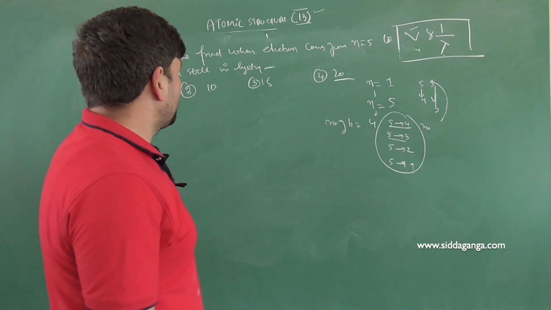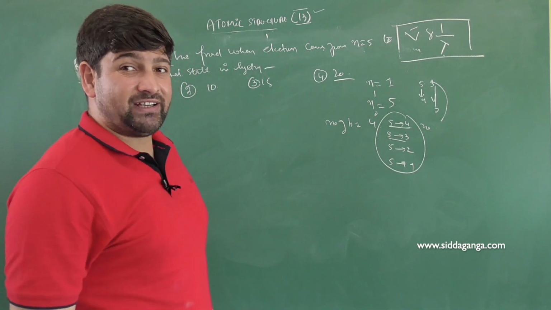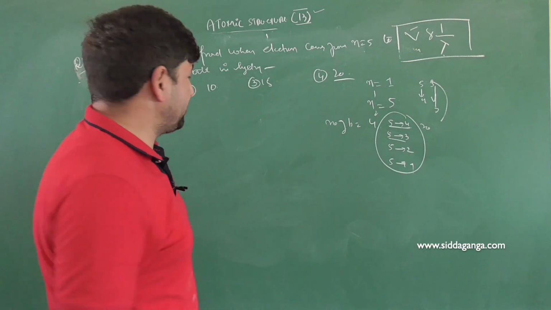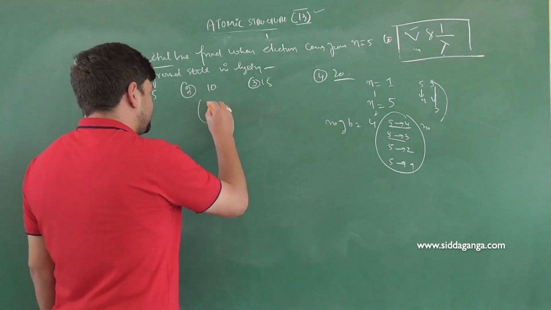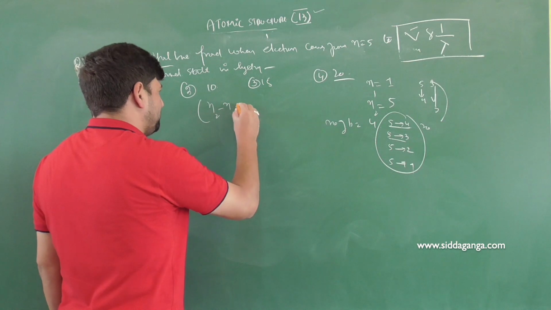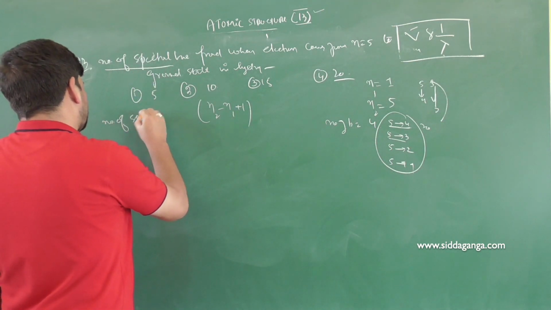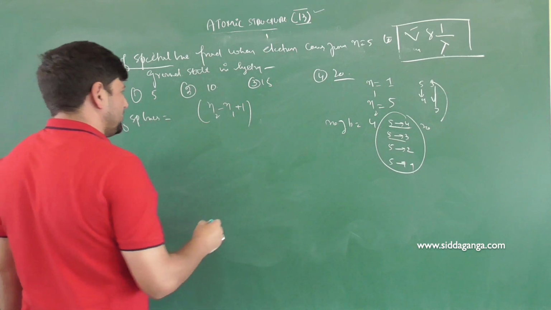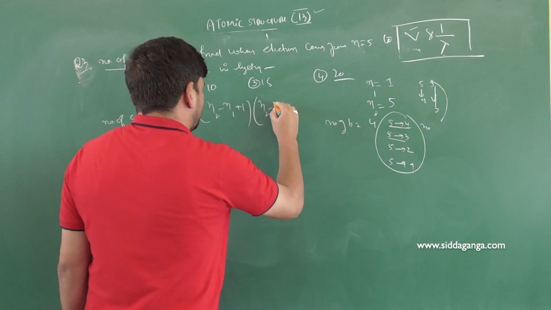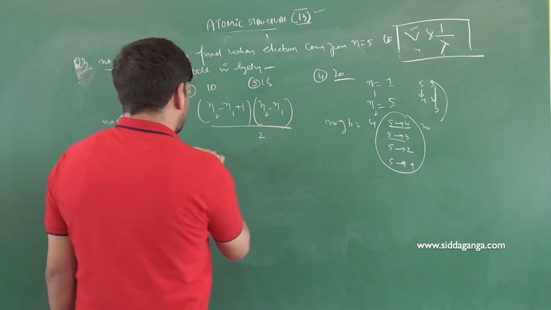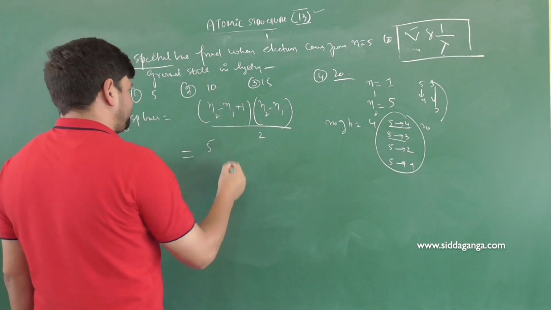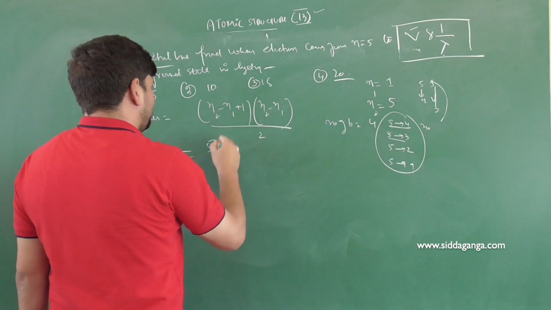What did I say yesterday? In order to find the number of spectral lines produced, how can you find it out? The number of spectral lines in a band is equal to n2 minus n1 plus 1, and the total number of spectral lines equals (n2 minus n1 plus 1) into (n2 minus n1) divided by 2. What is n2 here? 5. What is n1 here? 1.